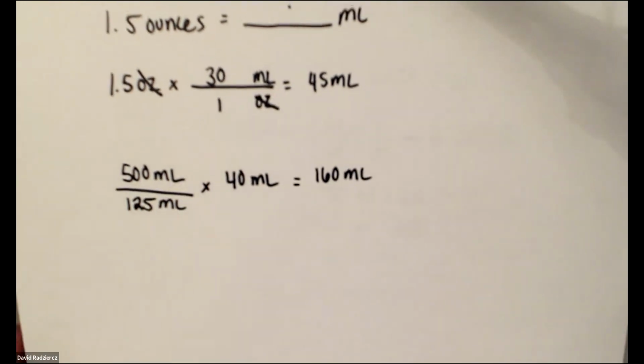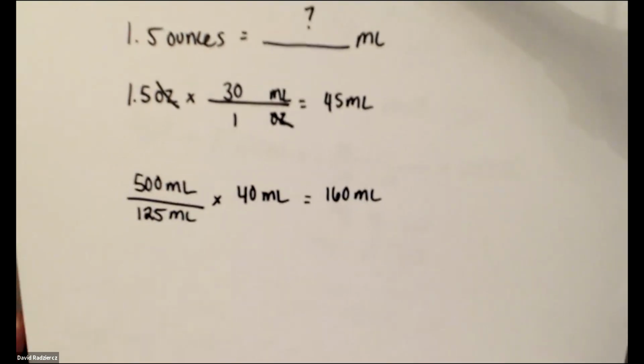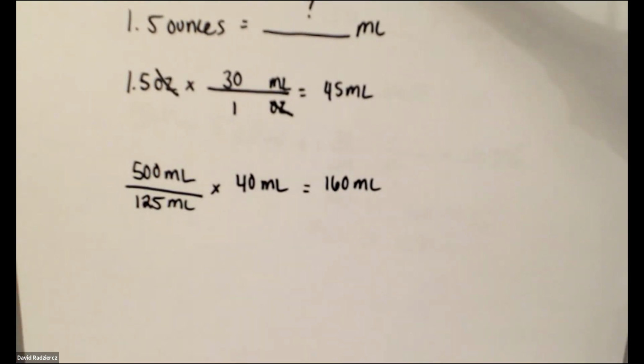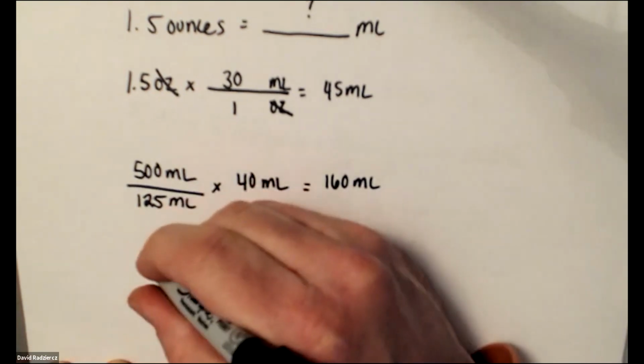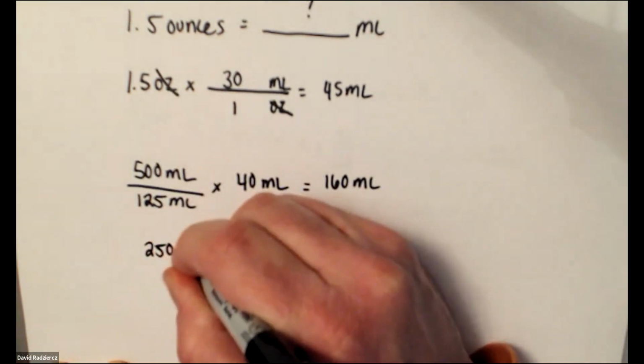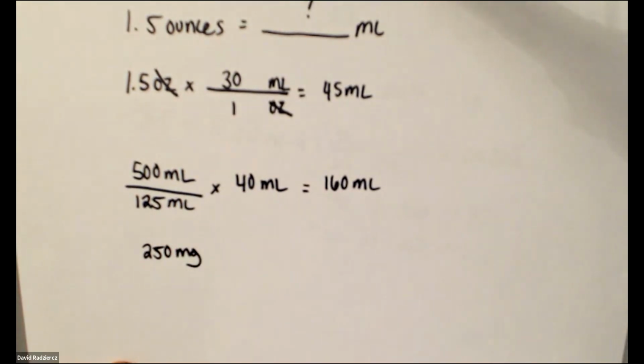Okay. So the order says you are to administer 250 milligrams of Dilantin PO by mouth. Okay. So my order is 250 milligrams. You'll notice that when I'm doing these drug calculations, I always start with the order.